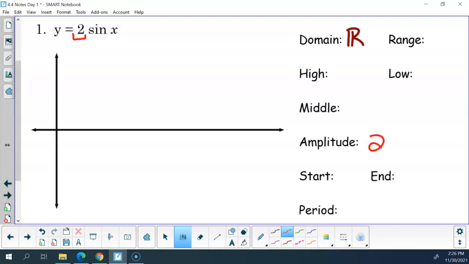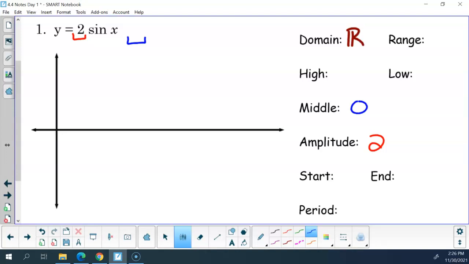The middle, we talked a little bit about the middle before. The middle is what comes after the trig function. Anything after it? No, so that's 0. So now I have where my middle is.